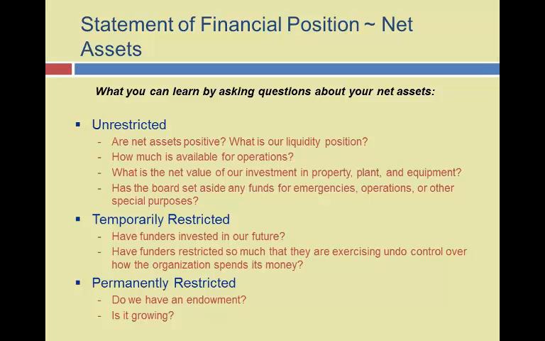If too much is in non-liquid, it might be a signal that the board needs to encourage increased liquid surpluses and address a liquidity issue. And the board can do this by setting aside funds for operating reserves, emergency reserves, and other special purpose reserves.